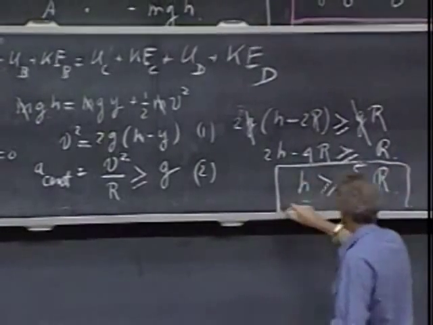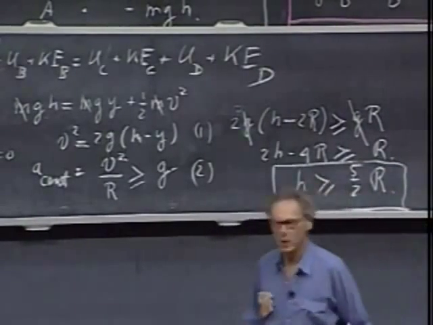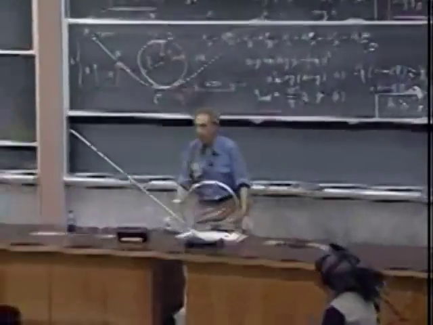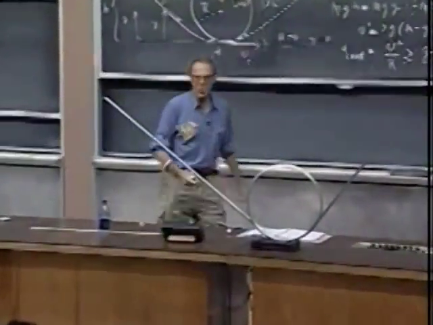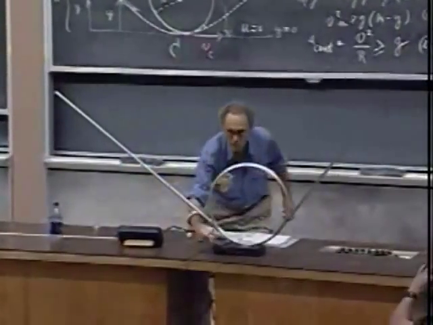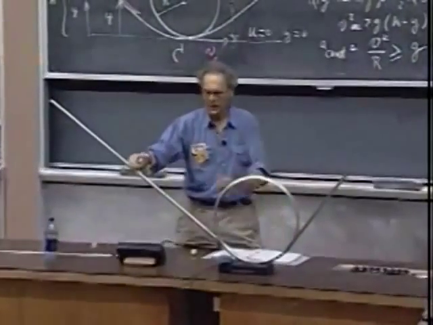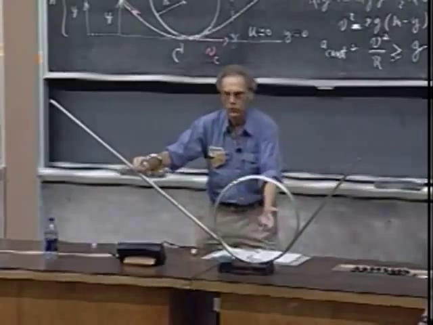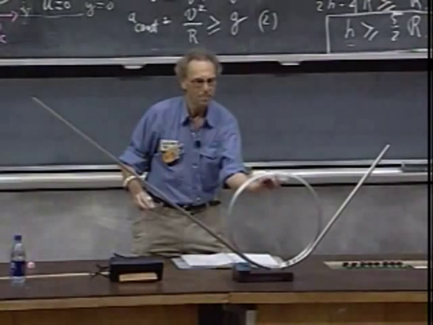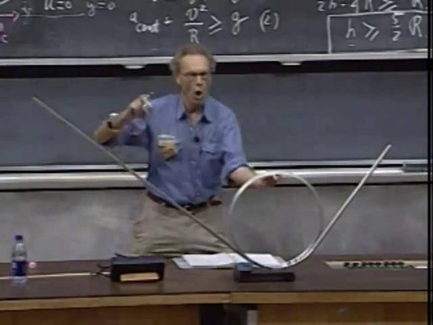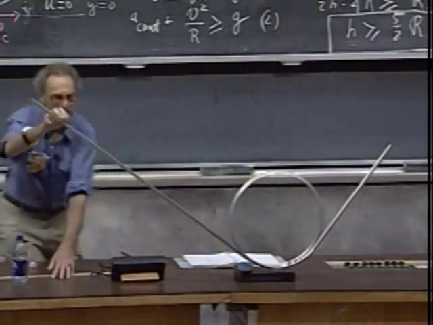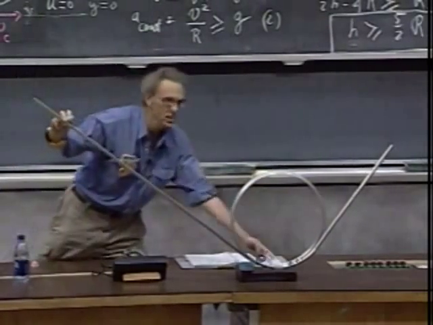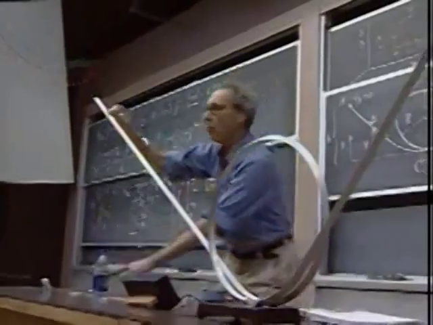This is a classic result that almost every person who has taken physics will remember. It is by no means intuitive. It means that if I have this ball here, and I will show you that shortly, and I let the ball go into this roller coaster, it will not make this point unless I release it from a point that is at least 2.5 times the radius of this circle above the 0 level.